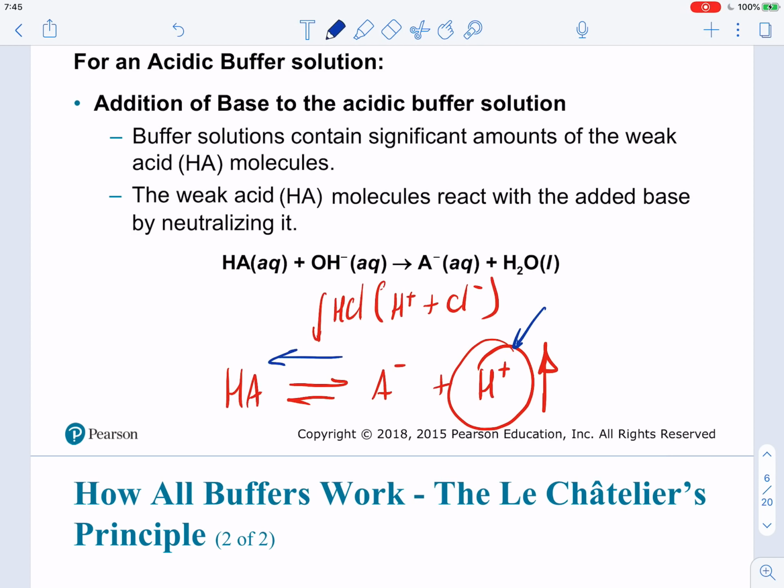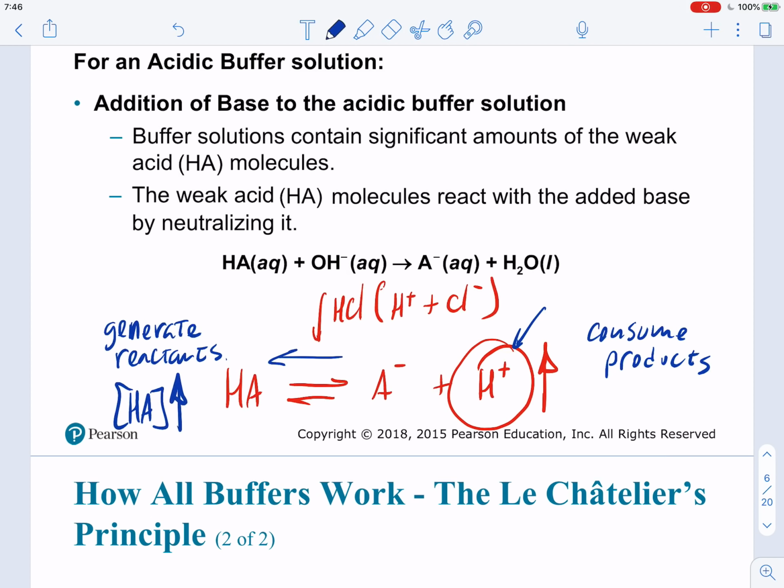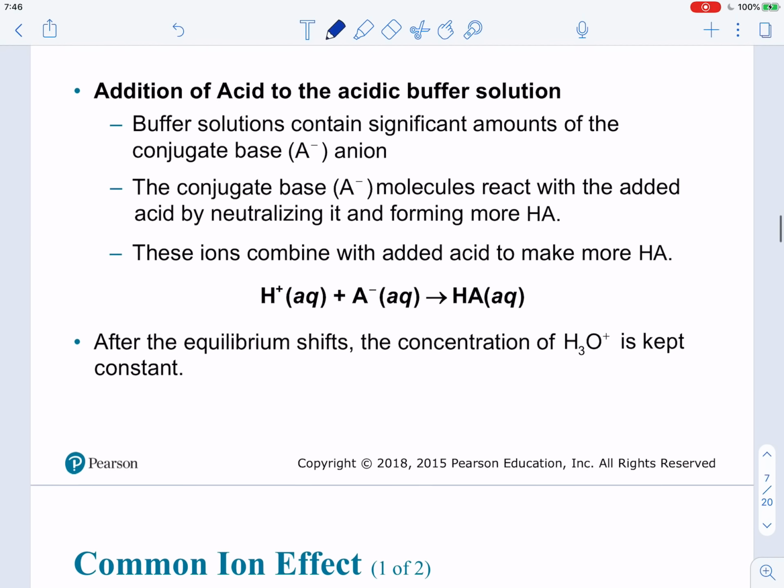So you will consume products and you will generate reactants. So the concentration of HA will increase, and the concentration of A minus will decrease, by adding acid.